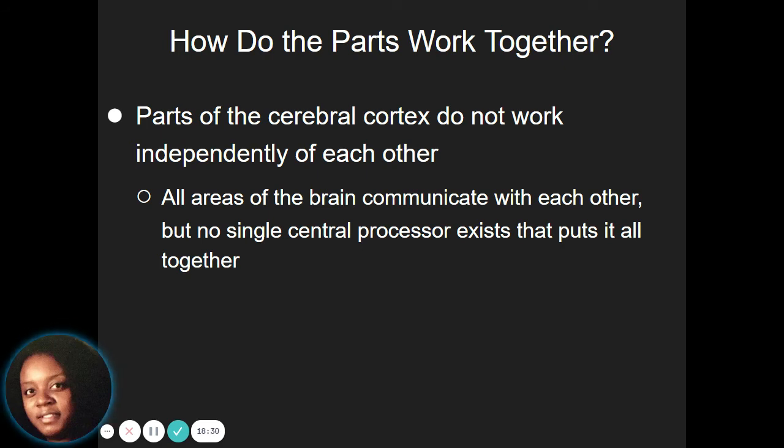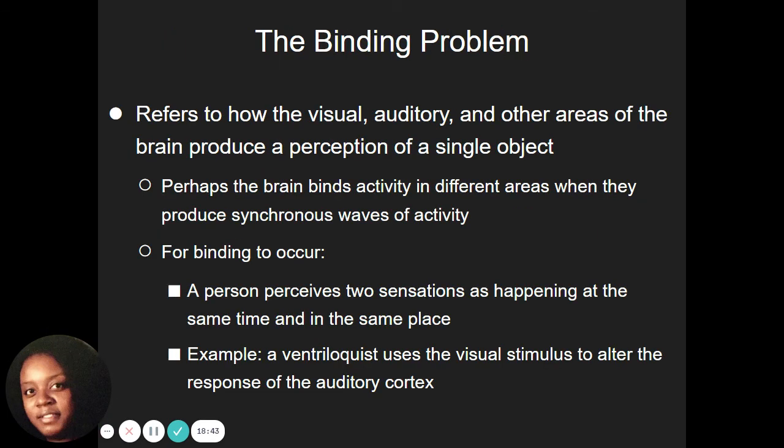So all parts of the cerebral cortex work independently of each other, but they are able to communicate. Remember, there are millions of axons that connect them together. But there is a binding problem. This is in reference to how the different senses, your visual and auditory cortexes, produce a perception of a single object.